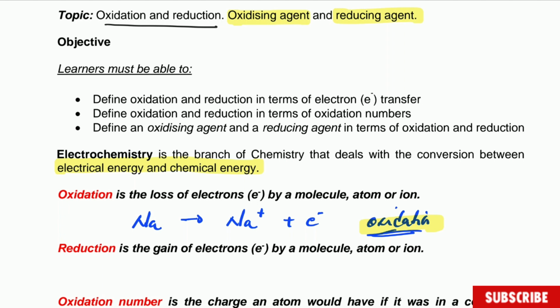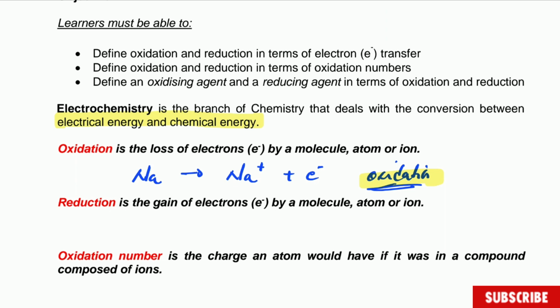Okay? And then we have, for instance, reduction. Reduction is when there is a gain of electrons by a molecule, atom, or ion. For example, let's say Cl2. It's a molecule in this case. Let's write it better. Cl2 is a molecule, and we are going to say that Cl2 is going to accept 2 electrons.